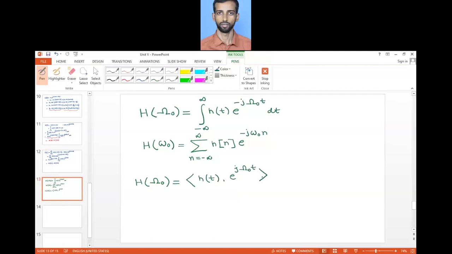That is the inner product of two vectors. Side by side, let me write it down.